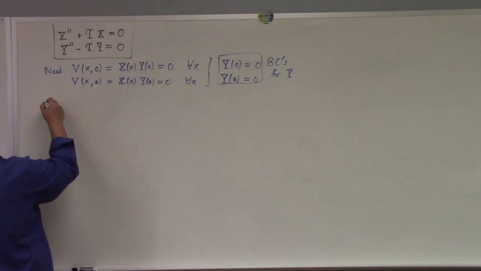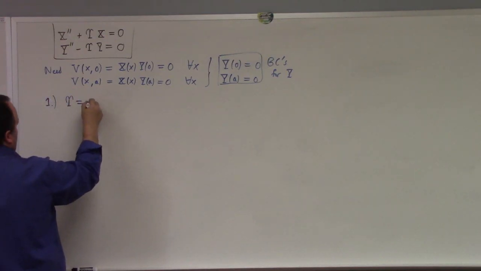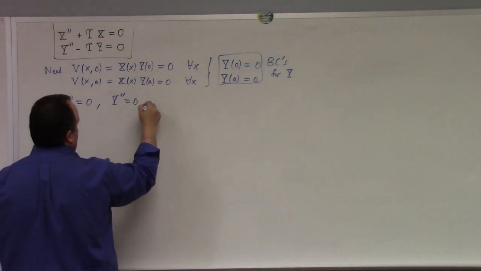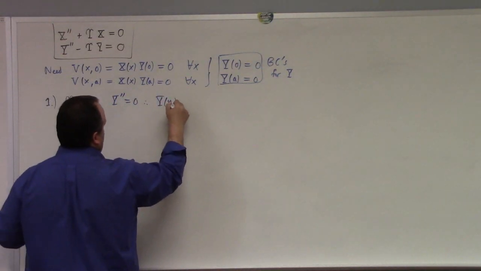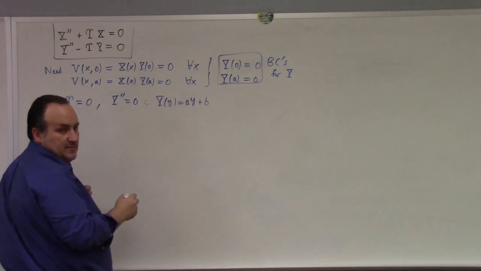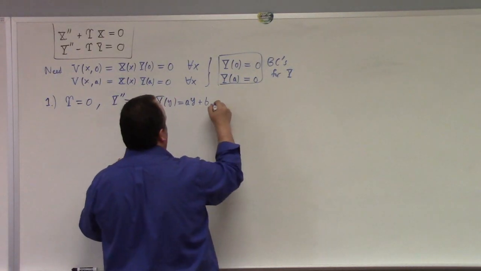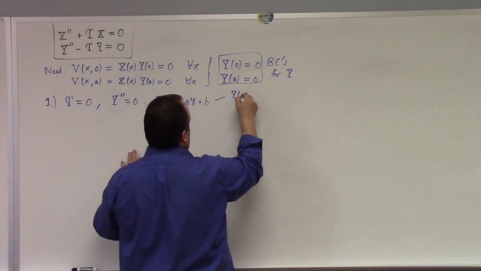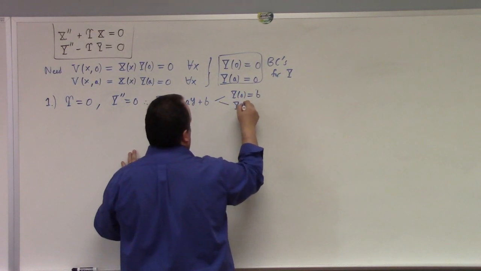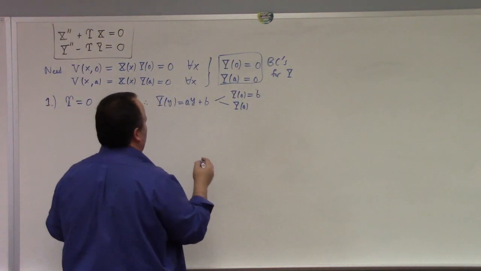All right, so case number 1, we'll start with upsilon equal to 0. So I'm solving Y prime prime equals 0. That means Y of y is like ay plus b, right? But we know Y of 0 is b, and Y of a, ooh, bad choice of letters.